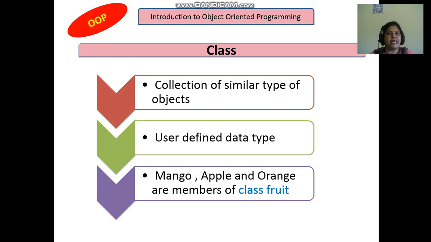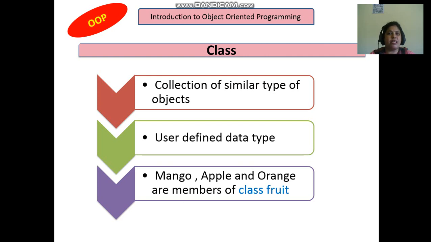And this data type or this class is defined by the user as to which data it is going to have and which function it is going to have. That is why it is termed to be a user defined data type. मतलब class को define कौन करता है? User. इसीलिए user defined data type. Class is also known as abstract data type. Now previously we have seen abstraction.